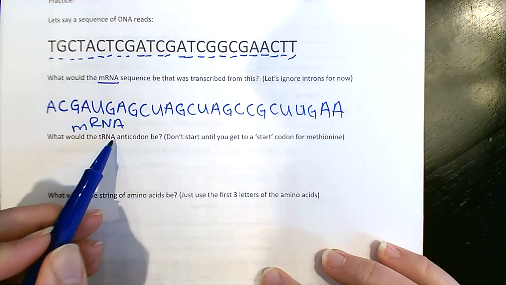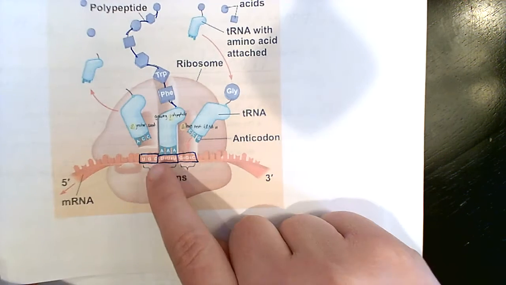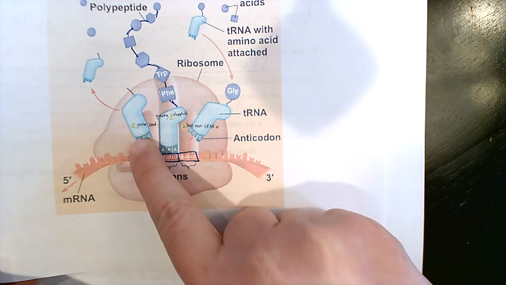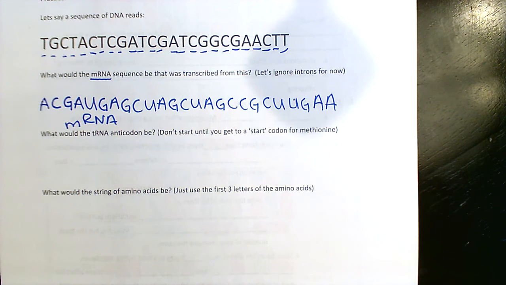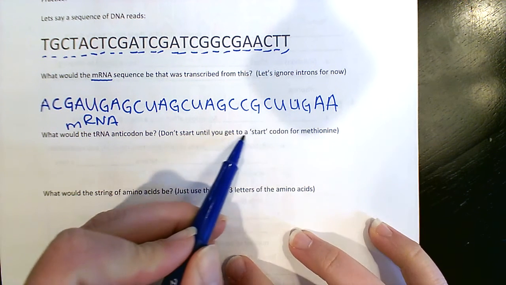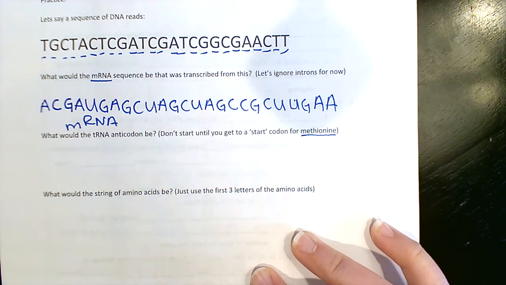And it says, what would the tRNA be? Okay, so tRNA, remember, is these guys. So we're saying what sequences on the tRNA would match up to the RNA. It says don't start until you get to a start codon for methionine.